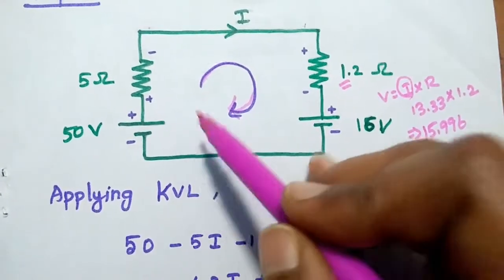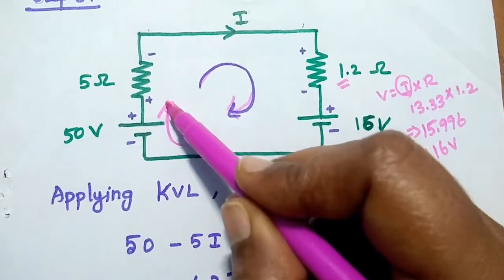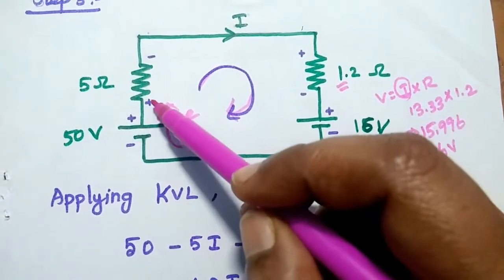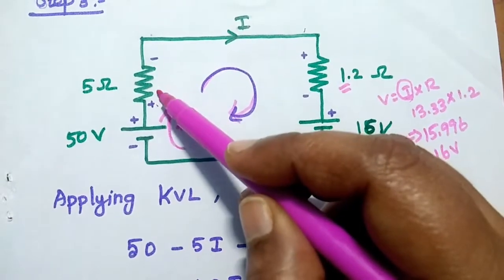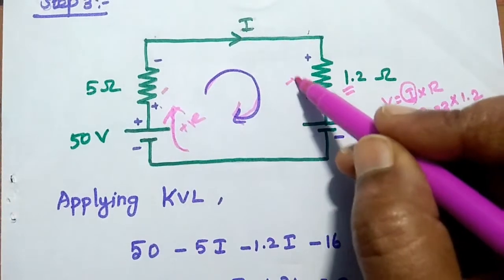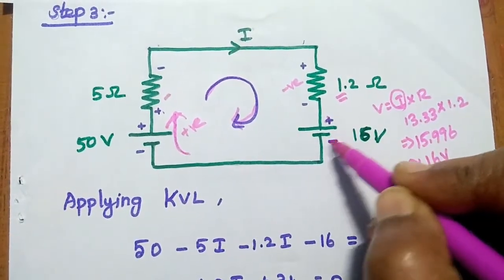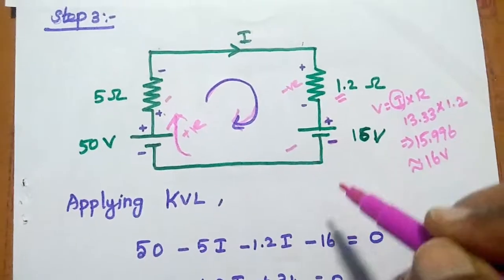Okay, so here the direction is from negative to positive. Negative to positive means it is a positive voltage. Here positive to negative means there is a negative voltage drop. Here positive to negative means here it is a negative voltage drop. Here it is positive to negative, that means it is also a negative voltage.